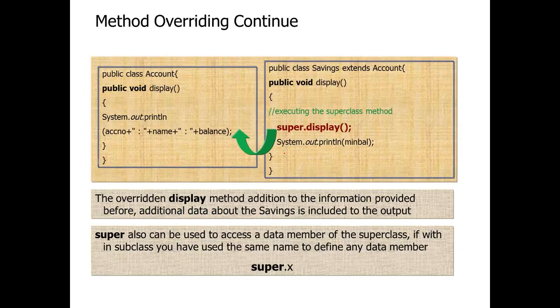Alright, I hope this makes sense. So these are the essential three pillars of object-oriented concepts.